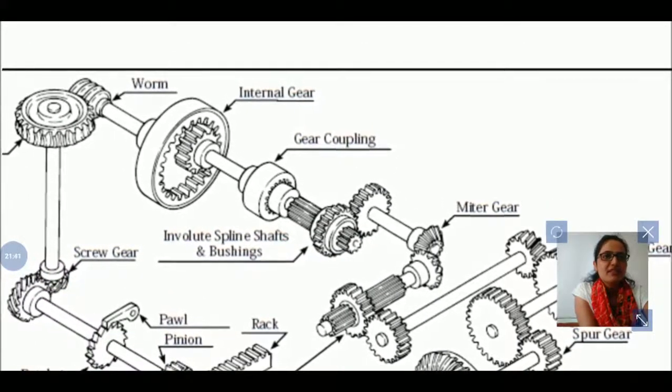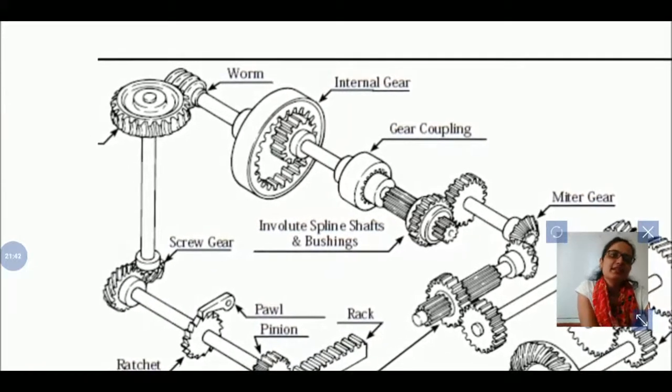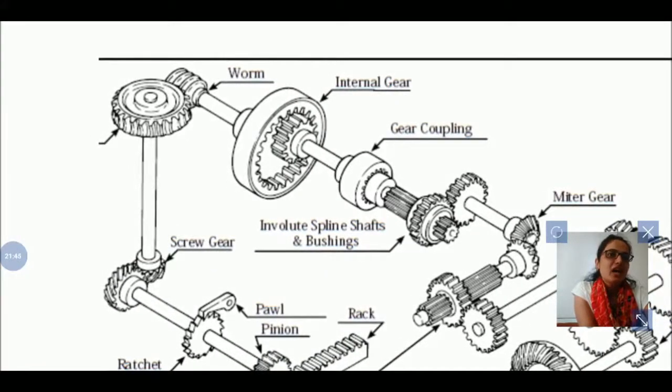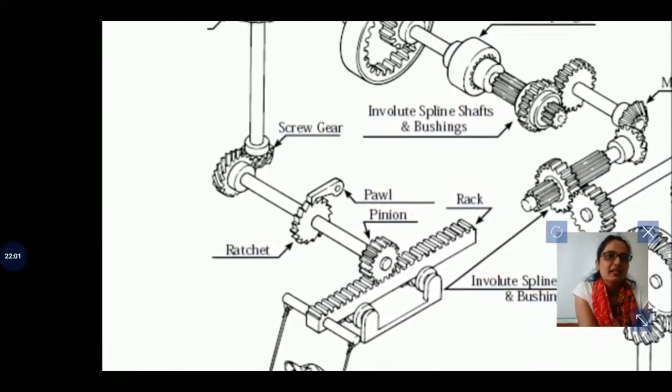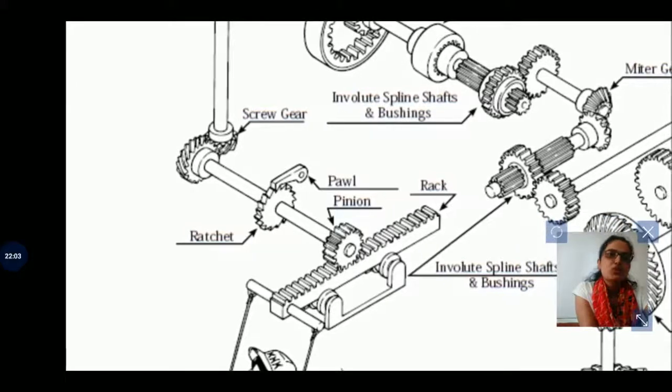Next is the gear coupling. Then internal gearing is there. In internal gearing we have the annular wheel, and inside that there is a pinion and they are meshing internally. Okay, then we have the worm and worm wheel. The worm is the driver and the wheel is driven. Then screw gear, two helical gears are there.